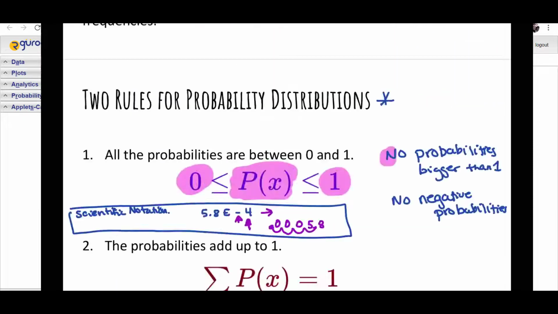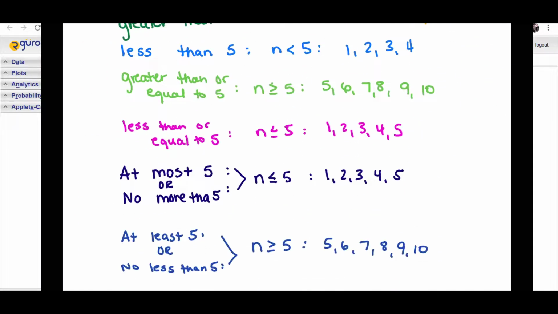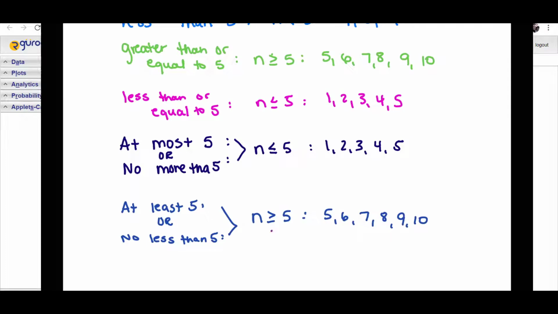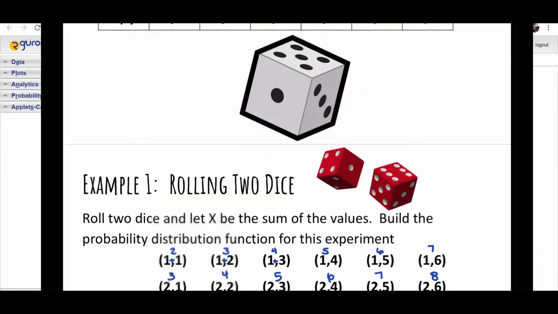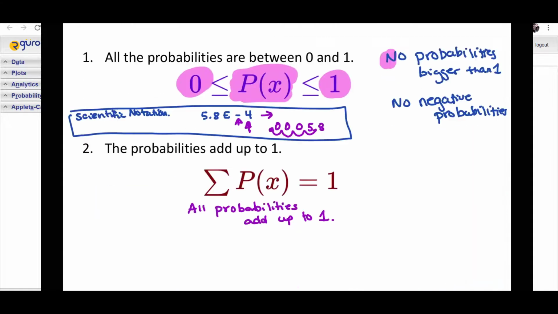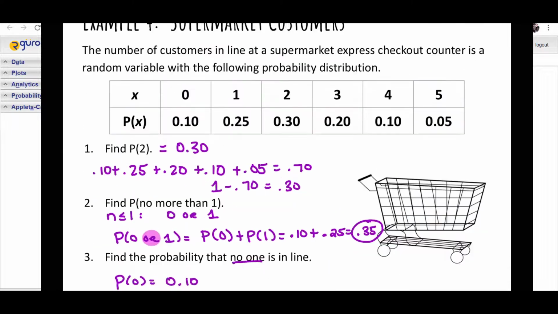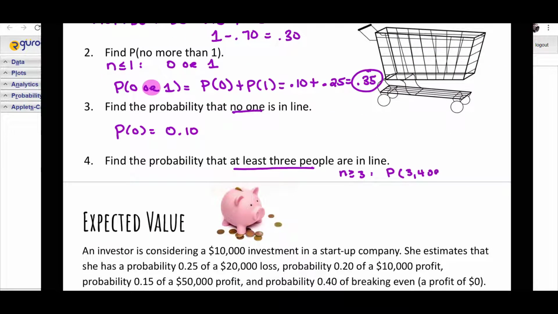If you recall, scroll back up, at least is greater than or equal to. So we're going to be greater than or equal to 3. So that's the probability of 3, 4, or 5.